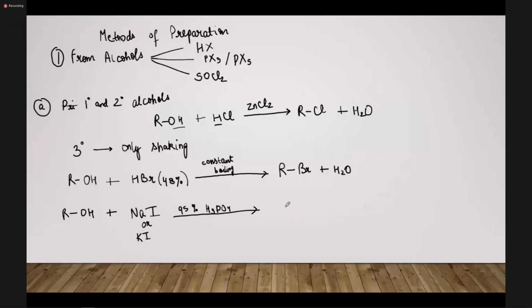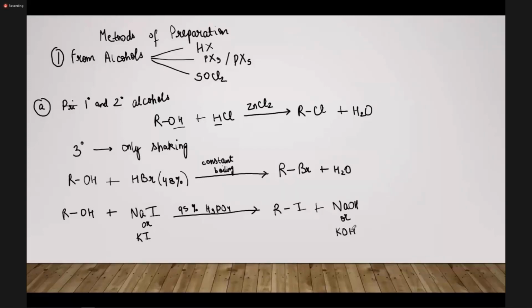So H3PO4 acts as an oxidizing agent here, and we will get RI plus NaOH, or if we are using KI, we will get KOH, sodium hydroxide and potassium hydroxide.